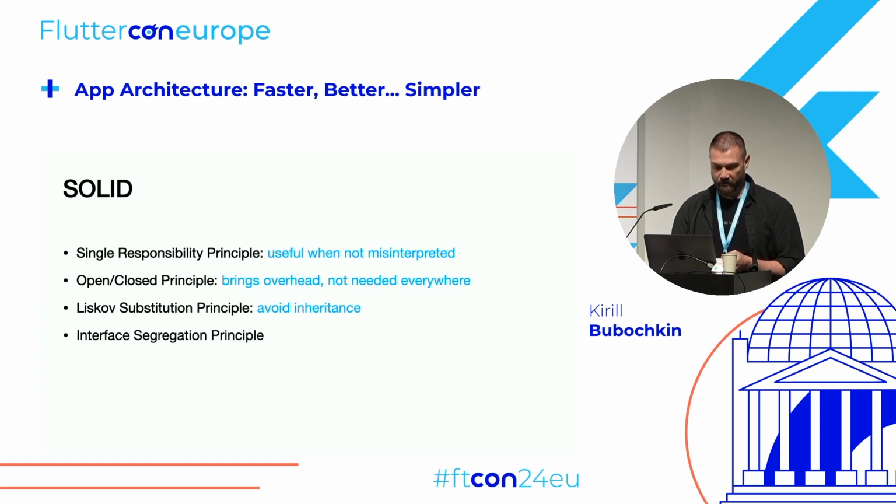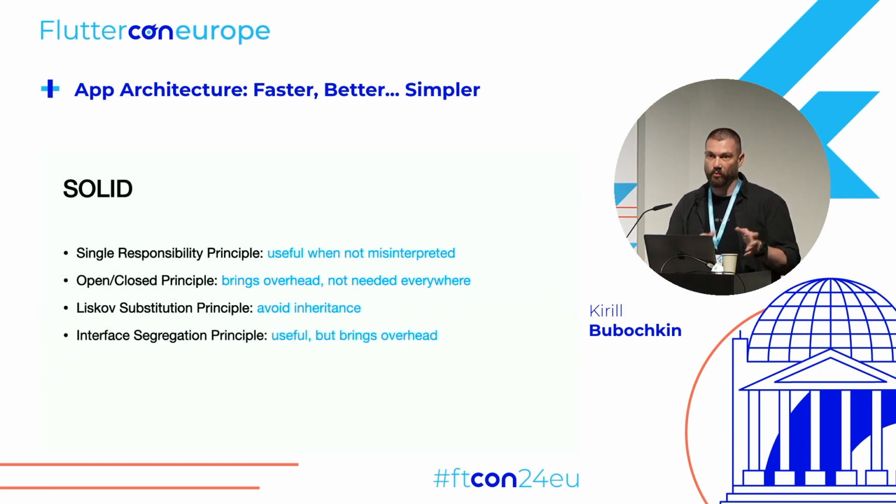Interface segregation principle. This is the only principle where I don't have any buts, almost. It's very useful if your code doesn't depend on things that it doesn't use, so the system is easier to understand, to maintain, to reason about. But it can lead to more boilerplate. Any class with more than one client or with more than one method, for example a repository or API client, will most probably violate this principle.